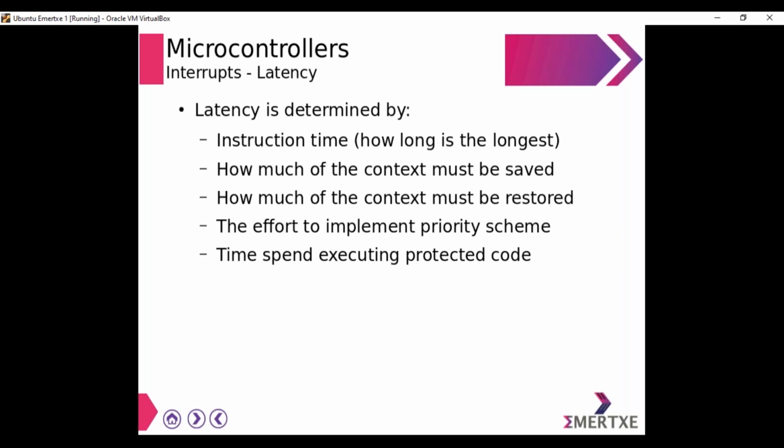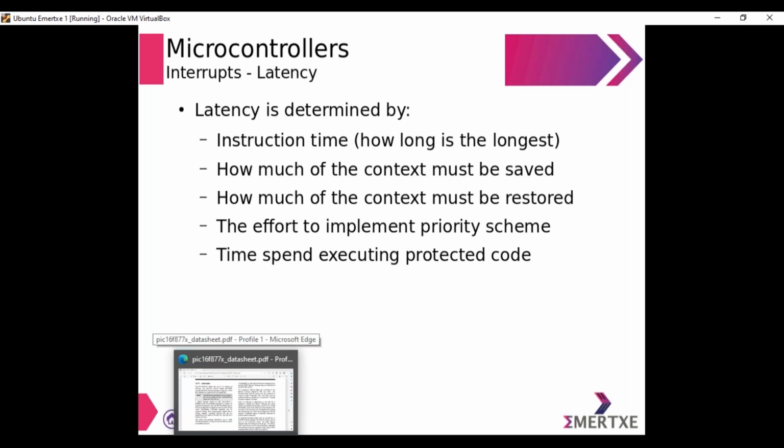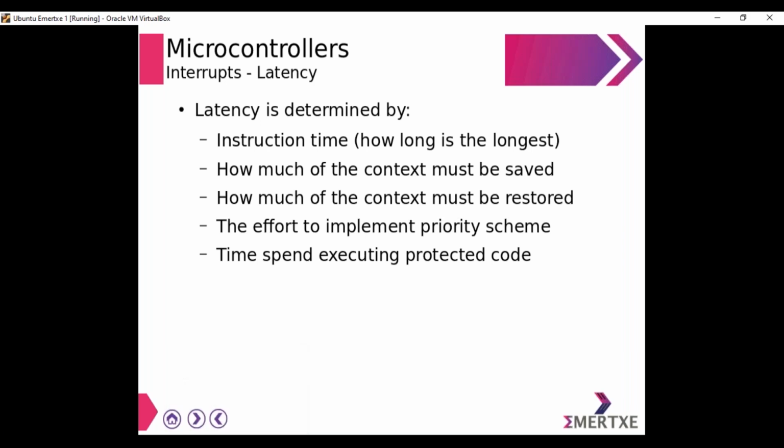Then we started knowing things with respect to our microcontroller, the PIC16F877A. We had to know what things are available in our microcontroller corresponding to the interrupt. So we started with the data sheet.